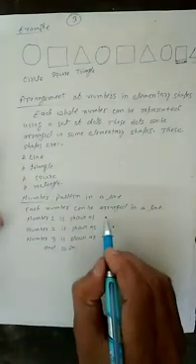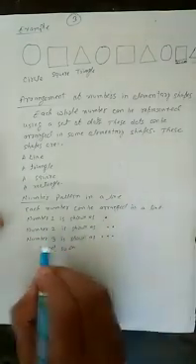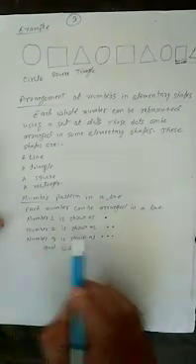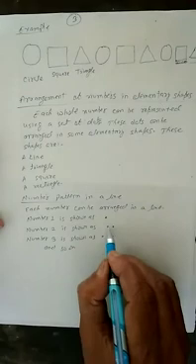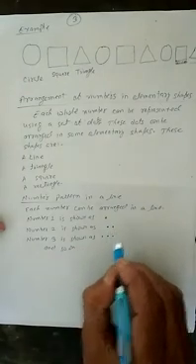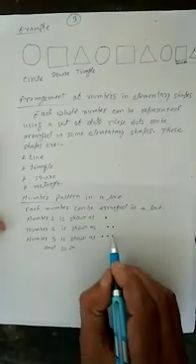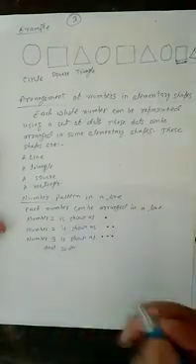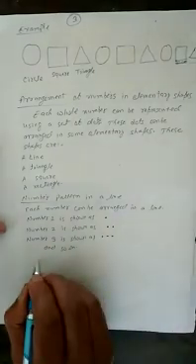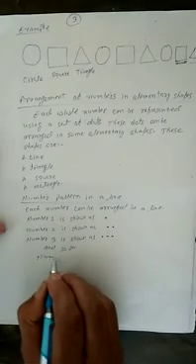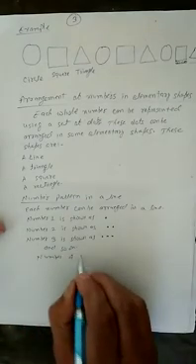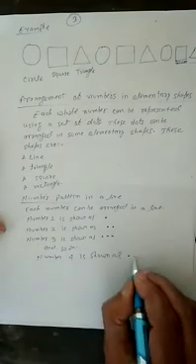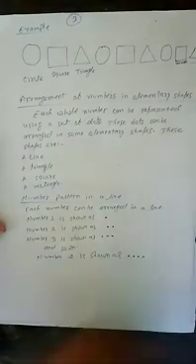Number 1 is shown as 1 dot. 2 is shown as 2 dots in a line, and 3 as 3 dots in a line. In this form we can represent other whole numbers also. Suppose number 4: it is shown as 1 dot, 2 dots, 3 dots and 4 dots.